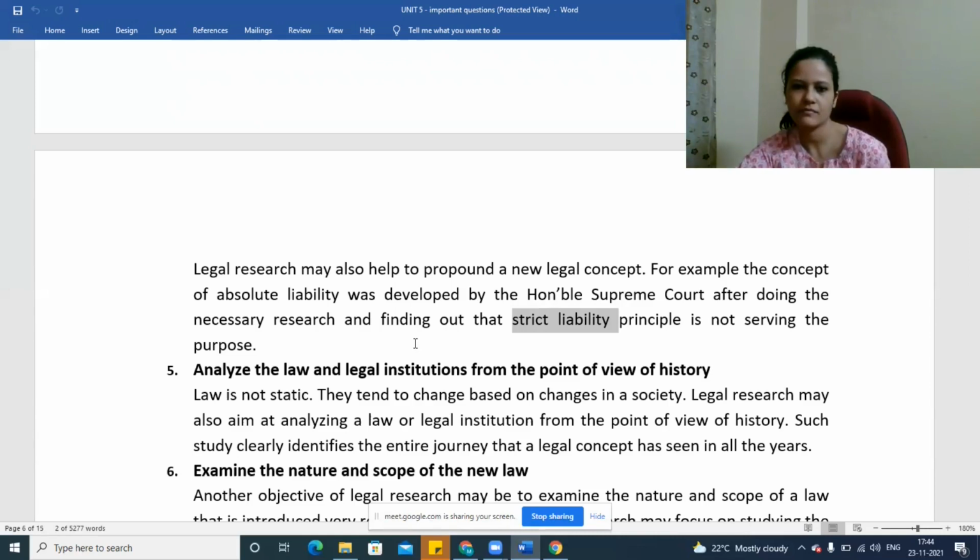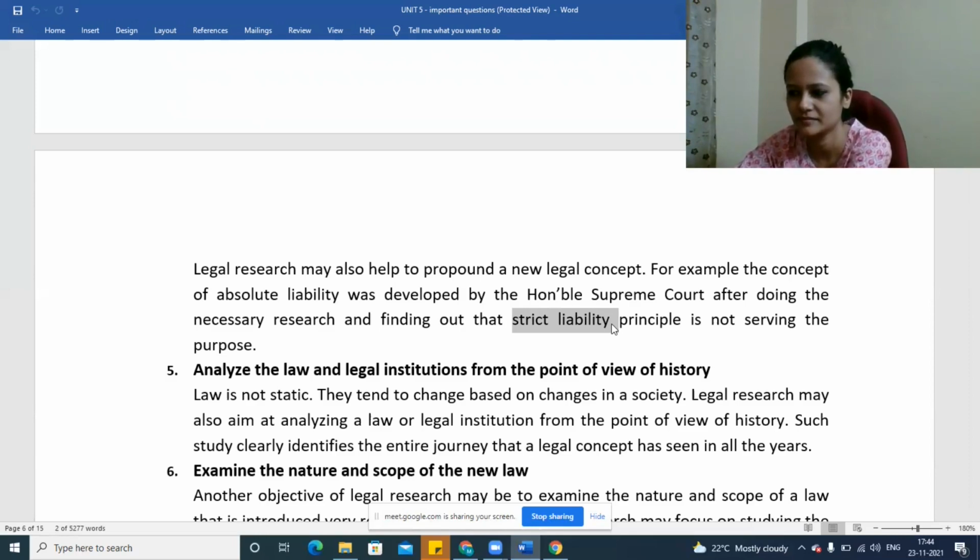Which case was it? Do you remember the case? No, I don't remember the case, but I think it's relating to theft or robbery. Not theft or robbery. How come? This is a principle from torts, right? Tort is a civil wrong, and theft or dacoity is a crime, right? So it cannot be theft or dacoity. Yeah, compensation, you are right on that part. It is relating to compensation.